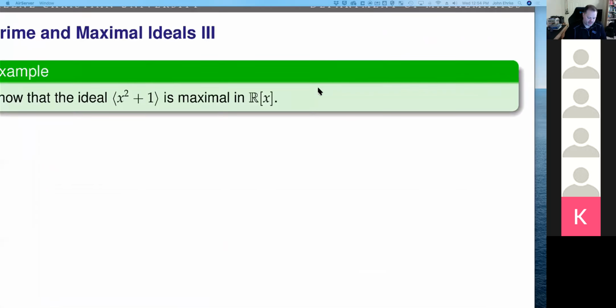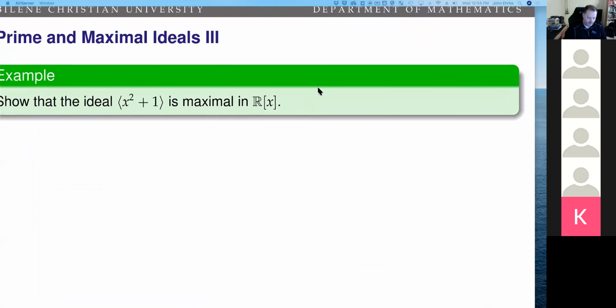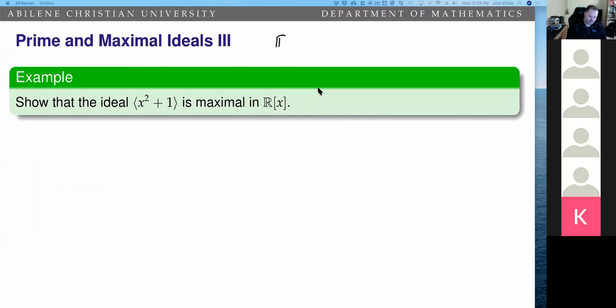All right. So we discussed last time that this factor group we think is isomorphic to a copy of the complex numbers. Because the complex numbers are a field, we're going to show in just a second that this implies the ideal generated by the polynomial x squared plus 1 has to be maximal.